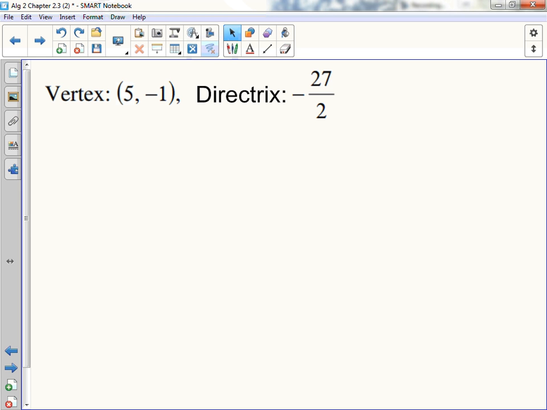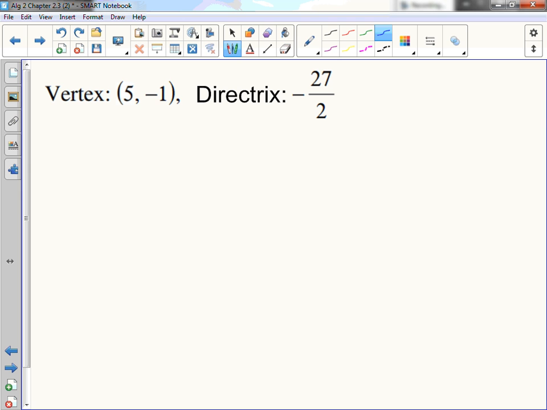Because the vertex h comma k is the same for either one of our equations, yes? Does the information as it's written on this screen tell me which one of these two it belongs to? No, we don't know. Without this being y equals this or x equals this, there's no way to know which one it is, because it could be either or.